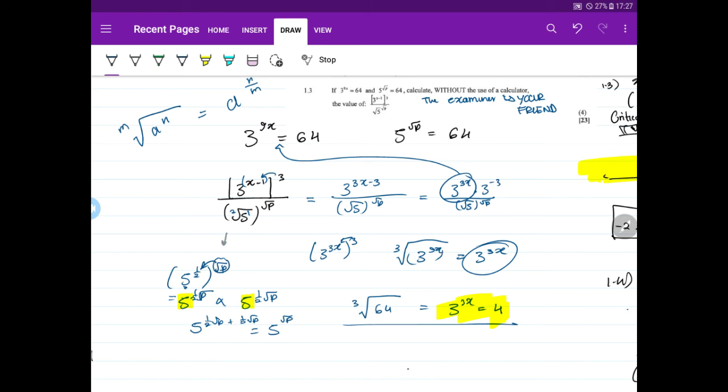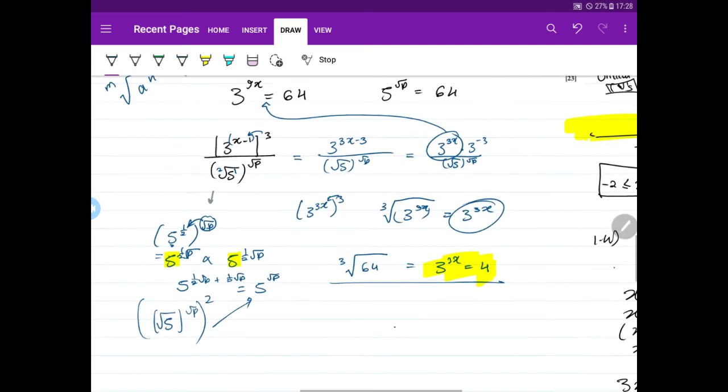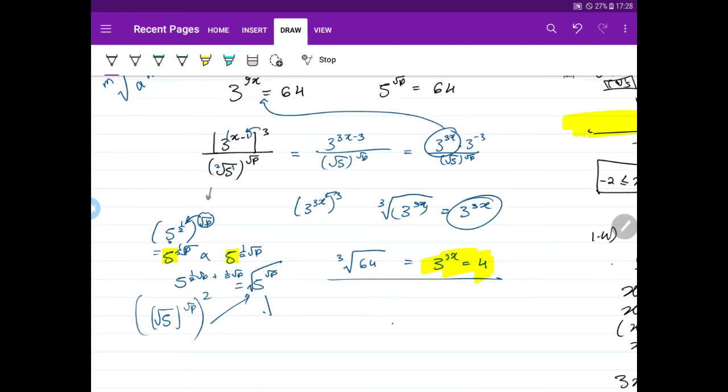Right? 1 root p. So, multiplying this value by itself gave us this here, which is the information they gave. Multiplying by itself means squaring. So we take this and we square it, we get this. Which means that if we take the square root of this, we get root 5 to the power root p, which is what they gave us.